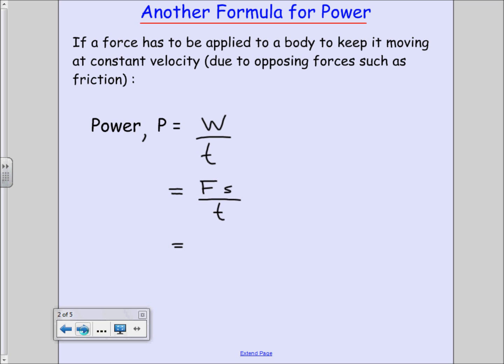And we know that S over T, or change in displacement over time taken, is the same as velocity. So we end up with a formula being power equals force times velocity. So that's a formula you need to know. That's a formula you need also to be able to derive. In other words, do what I've just done there to show that that is the formula.